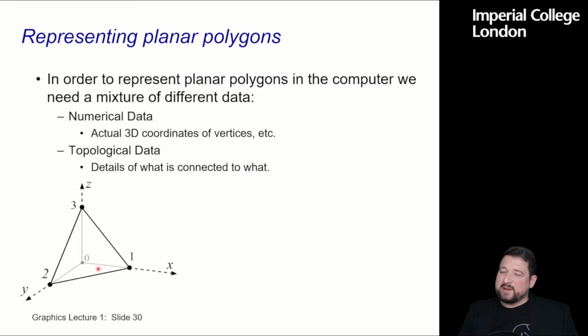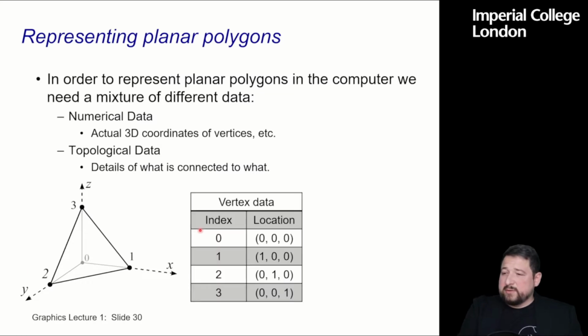The more of these triangles you have, the more complex that neighborhood will become, and you need to store it somehow. So what you do at the end of the day is that you store the index with its location. So these are the coordinates of your triangle nodes here.